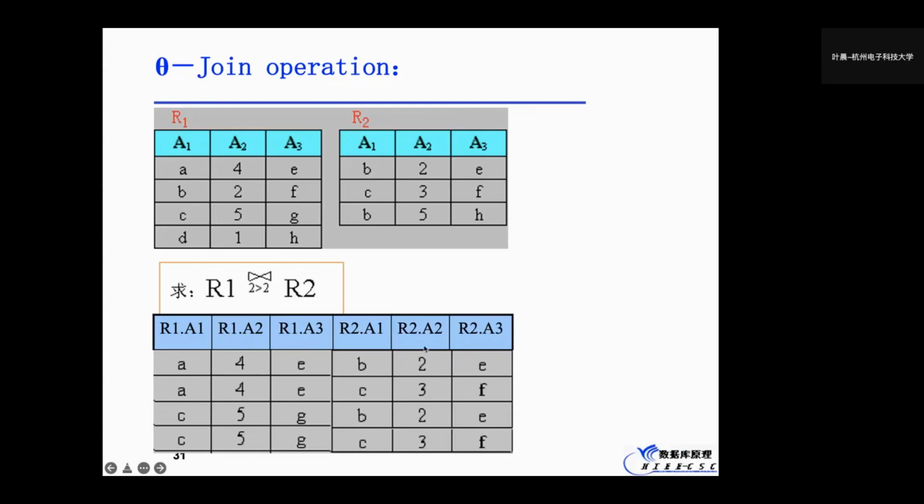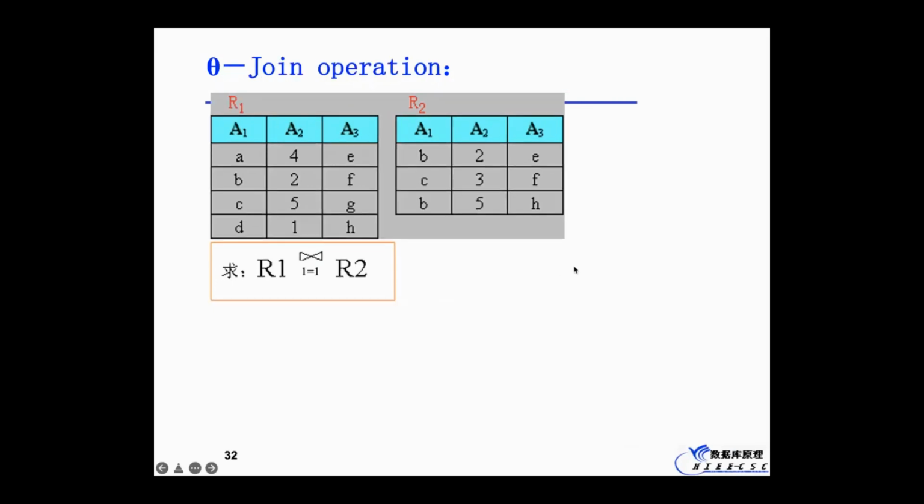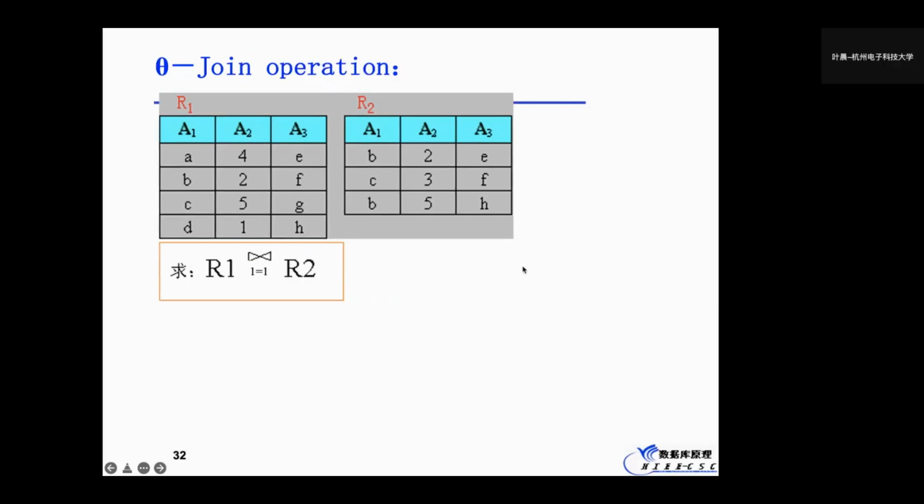And another example, if we want to make R1 and R2 a theta join, and the condition is A1 from R1 is equal to A1 from R2. So the values should be equal. Then we can get the final result like this.